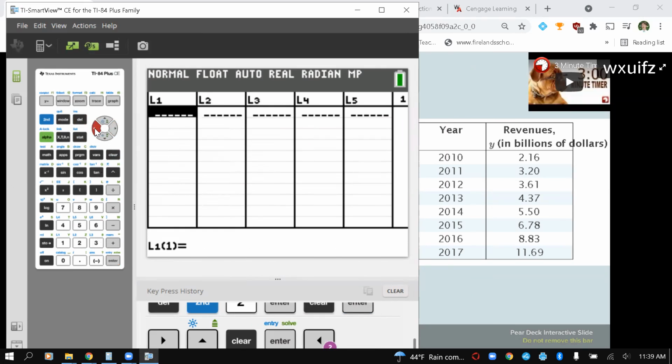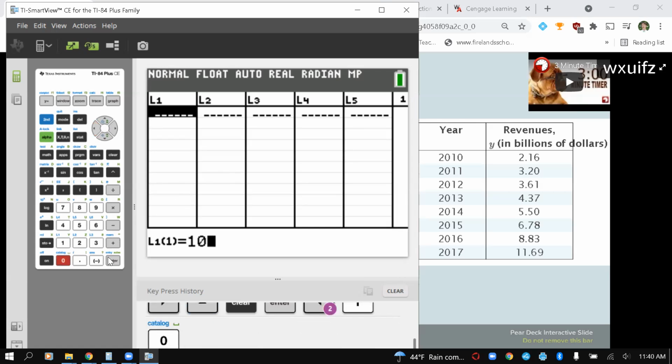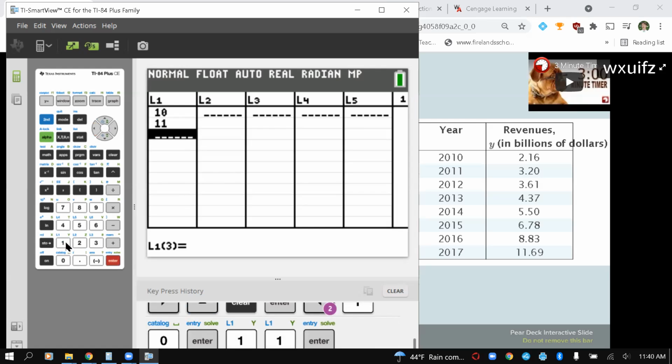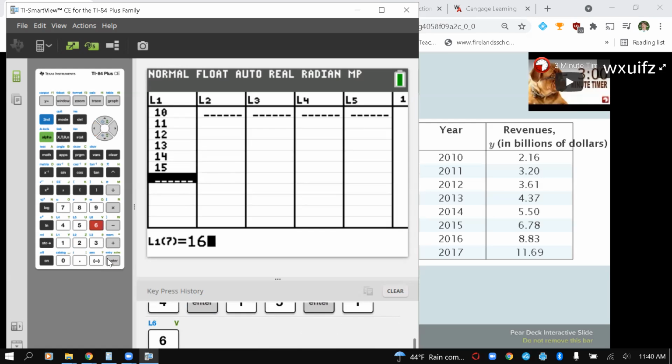Okay, I'm gonna type mine in, maybe different than you. If I get different answers, the R squared should be the same, but I might have different a, b, and c. I'm gonna type mine in: 10, 11, 12, 13, 14, 15, 16, 17.